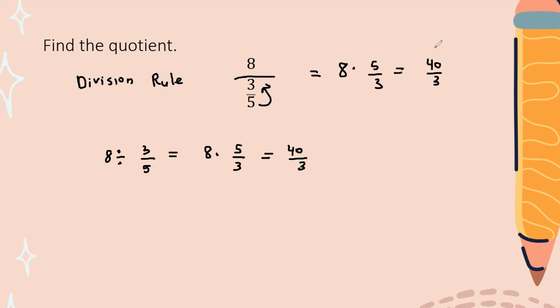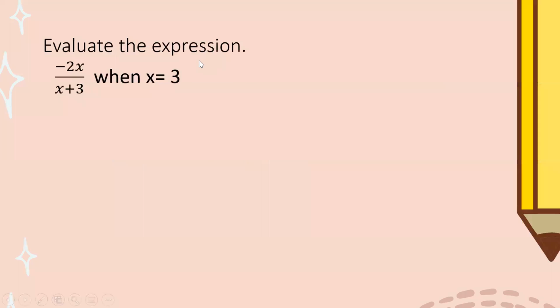Okay, let's continue. And here we're asked to evaluate the expression when x is equal to 3. So what I'm first going to do is substitute x is equal to 3. So whenever I see an x, I write 3. And make sure to use some grouping symbols. See here we have -2x. So I write 3, but I make sure to write parentheses. Now here I have x plus 3, so I write 3 in place of x and bring the rest, plus 3, down.